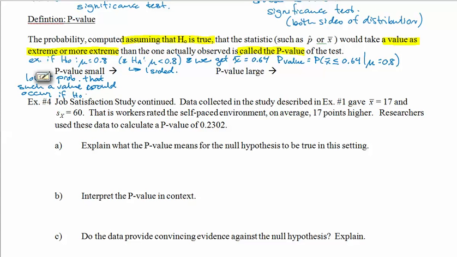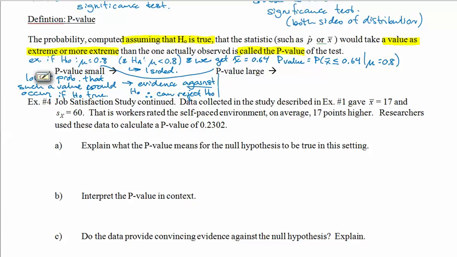Okay. So a small p-value means we have a lower probability that we would get that if H naught is true. In that case, we have evidence against H naught, and therefore we can reject H naught.